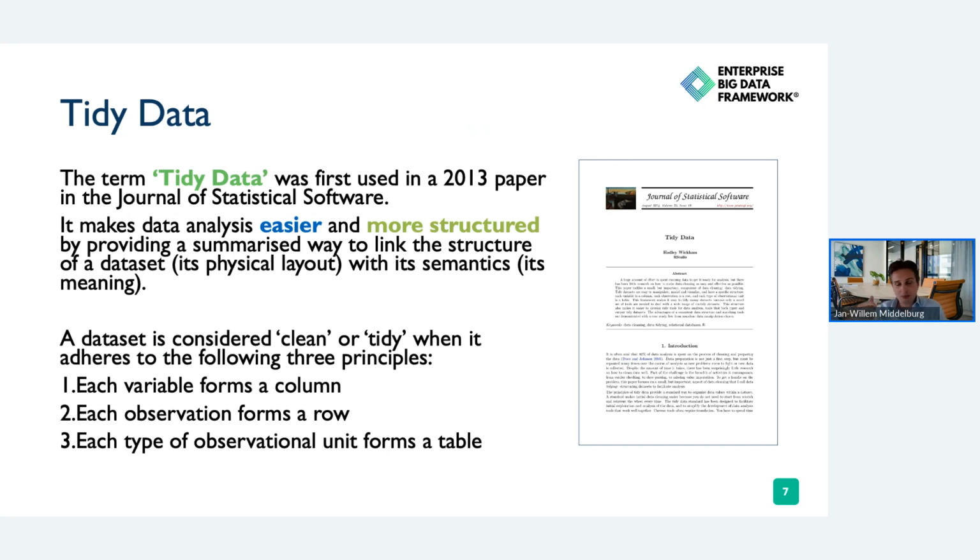And those principles are as follows. The first one is that you want to make sure that every variable is depicted in the form of a column. So meaning that everything that can change in a particular observation will be listed in a separate column.